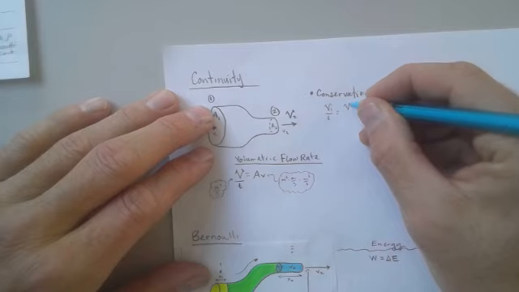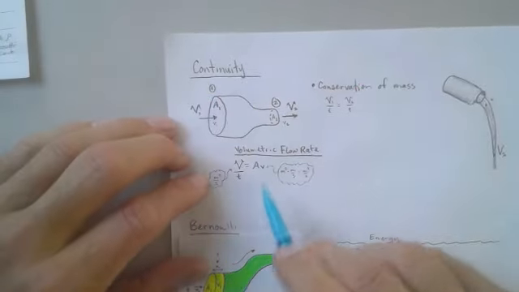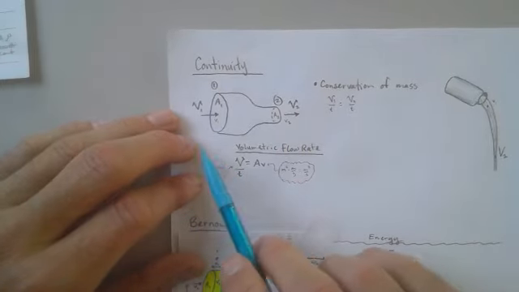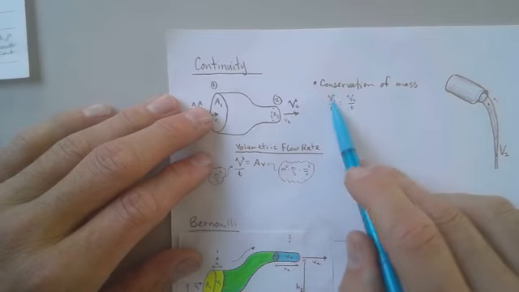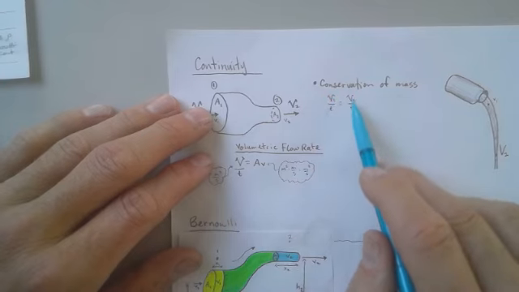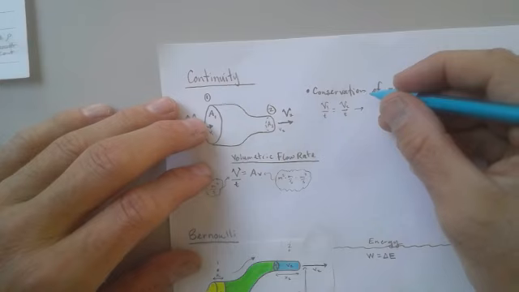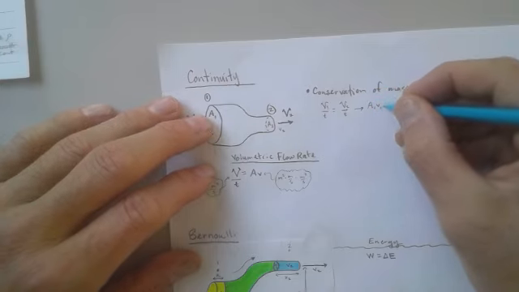I'm going to use capital V for volume, and I'm going to use lowercase v for speed. So the volume in, the volumetric flow rate in, must be equal to the volumetric flow rate out. And I'm going to try to convince you that this is an equivalent expression.